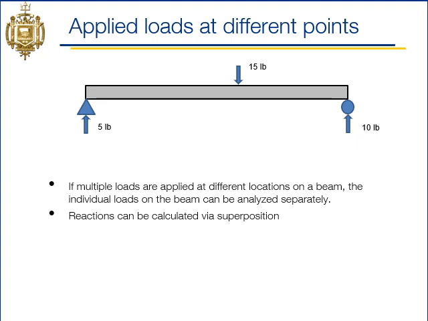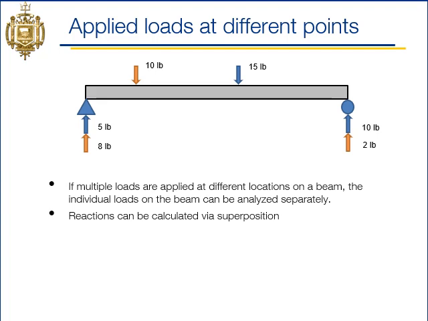All right, now we're going to add a 10-pound load. We're using an orange arrow here to delineate between the 15-pound load and the reactions for the 15-pound load. So we had our 10-pound load, and we look at how that 10-pound load causes reactions on our beam, and we're going to say it's located so that we get 8 pounds going to the left and 2 pounds going to the right.